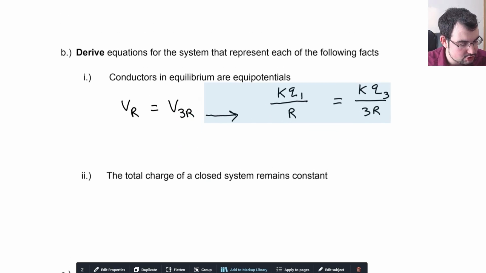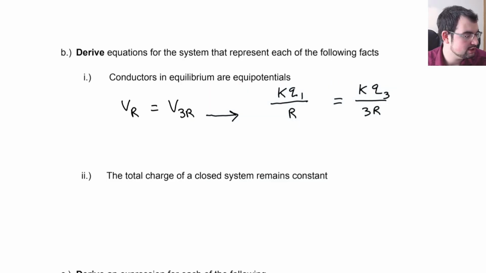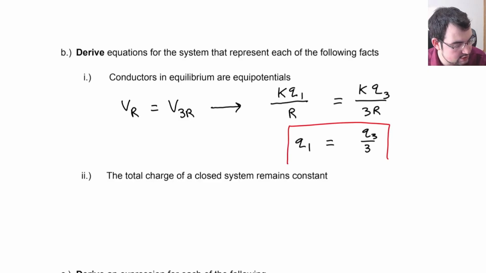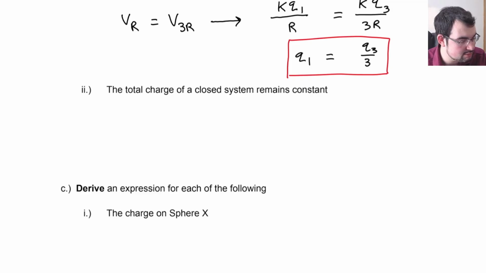So we're going to get some charge on the sphere of radius r and some charge on the sphere of radius 3r. But they have to match their potentials. So we would get this relationship that the k's cancel, the r's cancel, so we'd get q1 is equal to q3 over 3, which makes sense because your larger sphere, since it has a larger radius, has to pack on more charge to get the same potential.